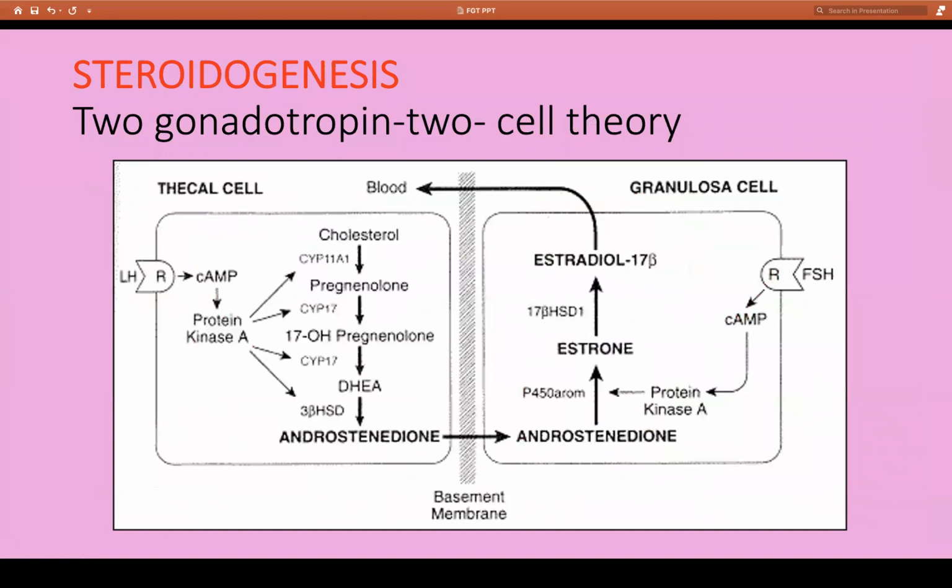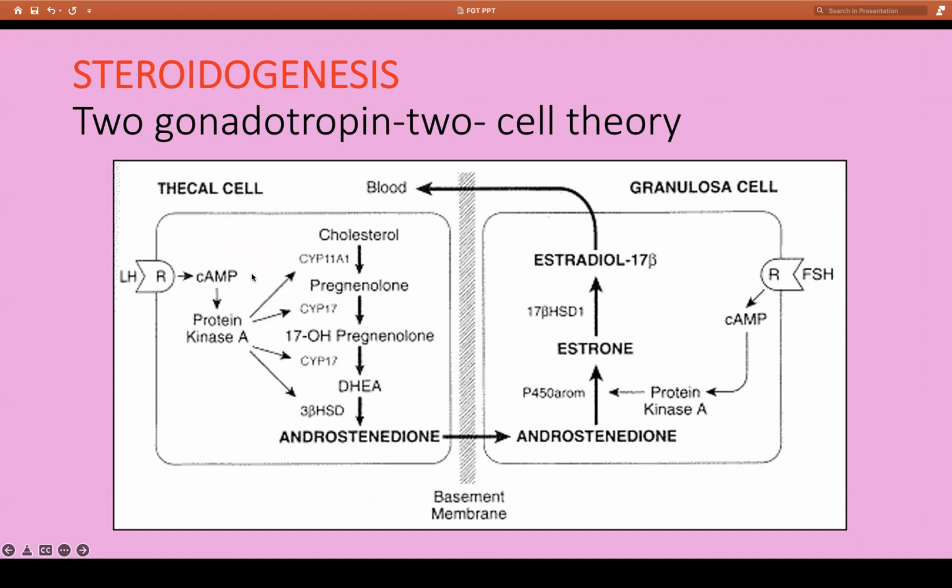So, the two-cell theory. What is the two-cell theory? Inside the ovary, in the cortex, we have theca cells and granulosa cells. Granulosa cells have receptors for follicle stimulating hormone, and theca cells have receptors for luteinizing hormone.